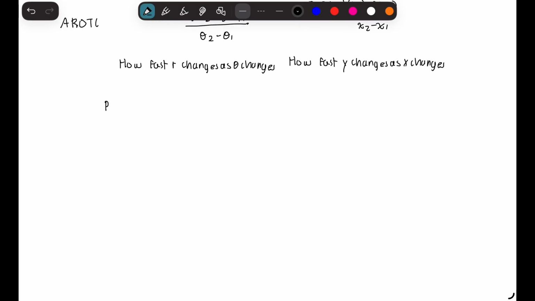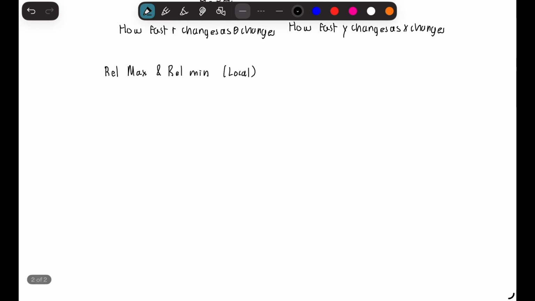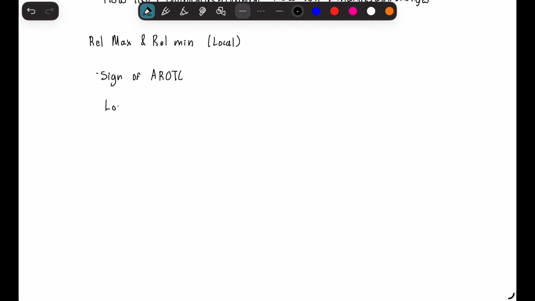Now let's talk about relative max and relative min. This is the same thing as local. We're not going to use derivatives here. We're going to use the sign of the average rate of change. A local max is when the average rate of change goes from positive to negative.